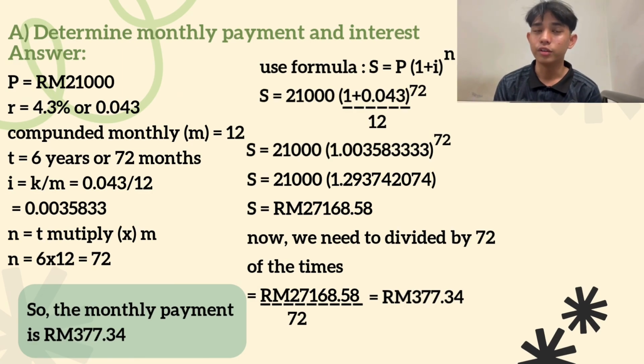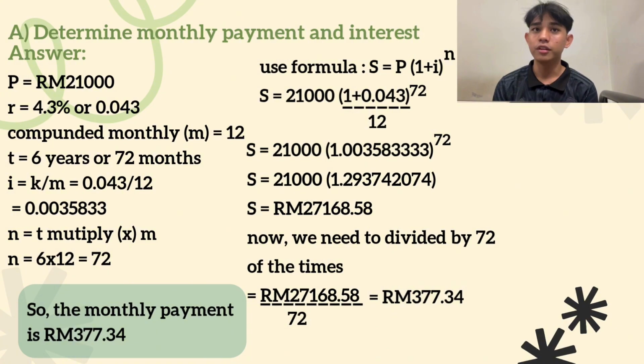First is P. P is the money that Zarina borrows, which is 21,000 ringgit Malaysian. Second is the rate, R, which is 4.3%, or 0.043. Third, the compound monthly is M, which is 12.